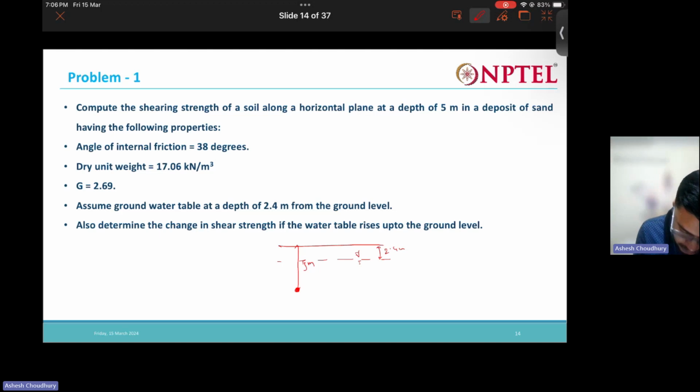Now at this point let us find out the effective normal stress. It is nothing but 2.4 into 17.06 plus 2.6 into the submerged unit weight. So the submerged unit weight I can find out, right?